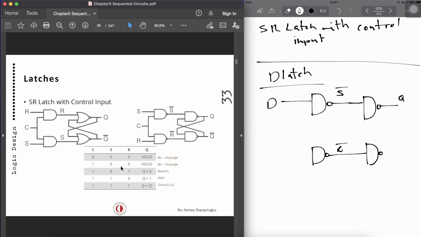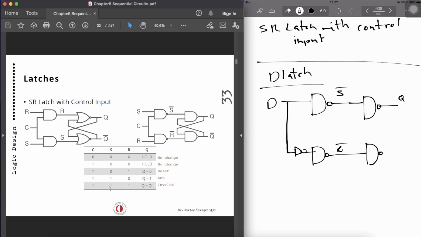And we have the same D feeding in, but we have to be careful because we don't want both inputs to be the same at the same time, as we want to avoid the invalid state. So either we are getting 1, 0 or 0, 1, so they're the inverse of each other when they are fed in.